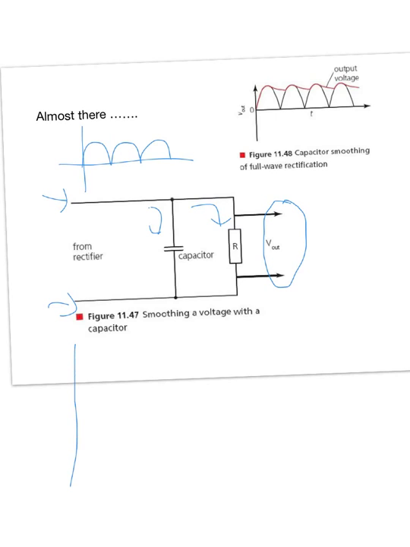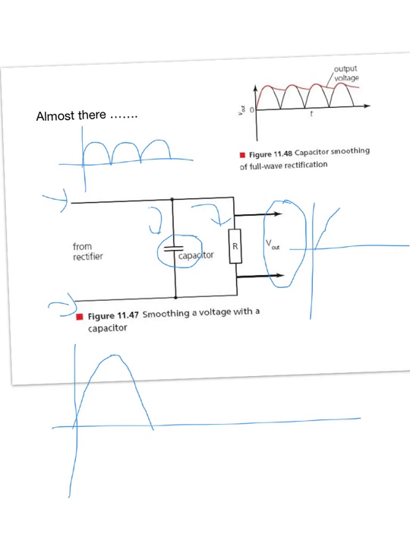Well, once the first peak arrives, the capacitor will be charged. So here we're getting a trace which goes up, it's a peak, but at the same time some of that current is charging up the capacitor. Now as the curve starts to come down, the current through the capacitor decreases.